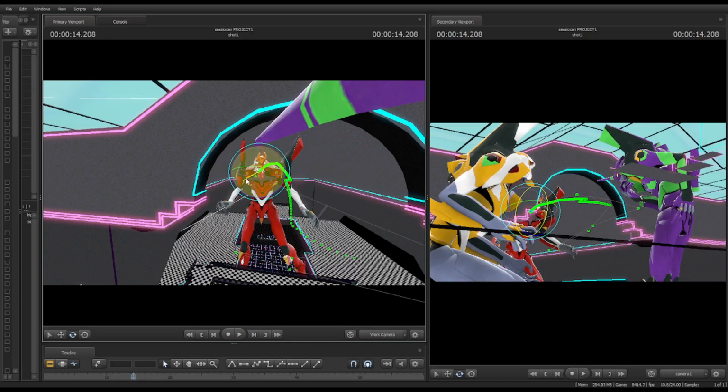And a lot of this, like these dots right here, I'm not entirely sure what these are.